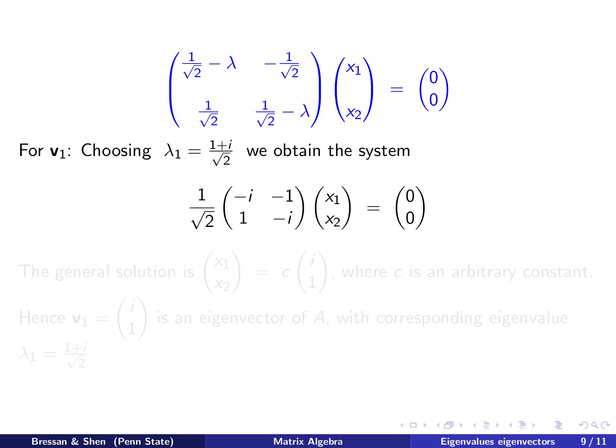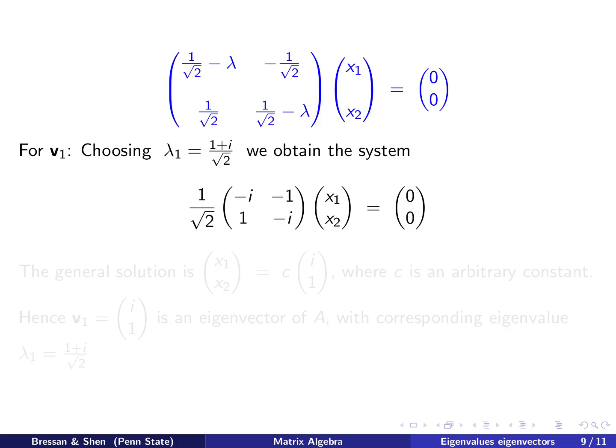We can put those in for lambda, and we see that there is a 1 over square root of 2 everywhere, even in the lambda. So we can take it out, and then what we would have here would be 1 minus 1 plus lambda, which is negative lambda, and here is also negative lambda, and 1 here and 1 here. So we have this system equal to 0.